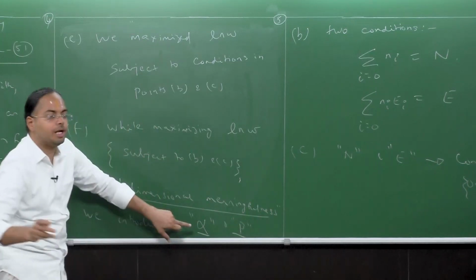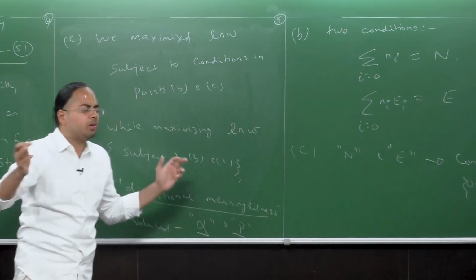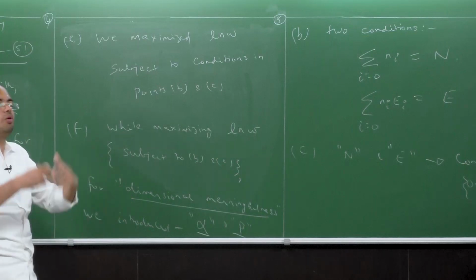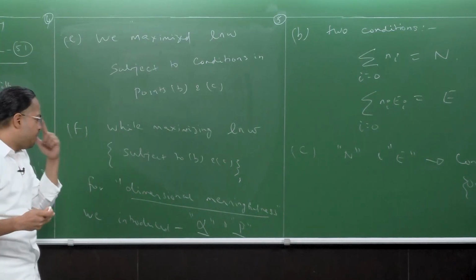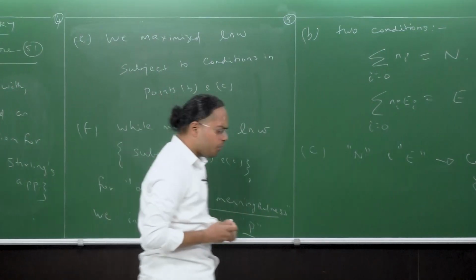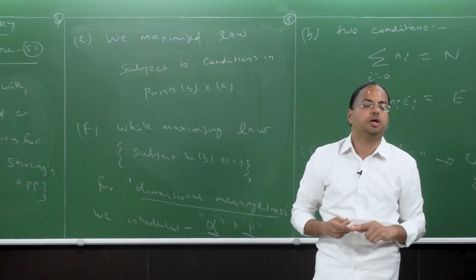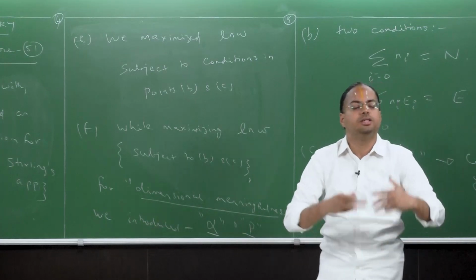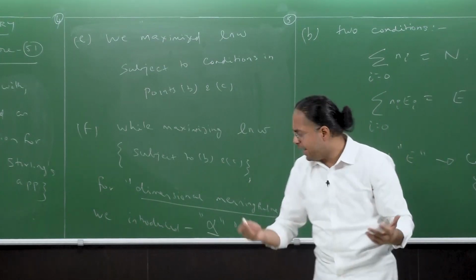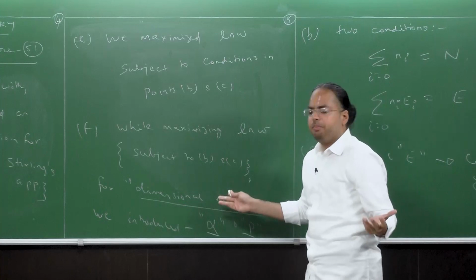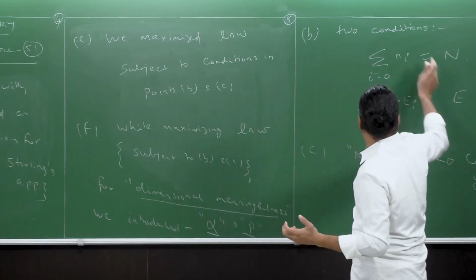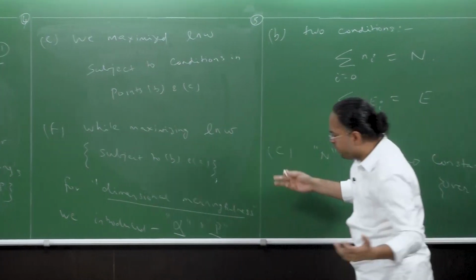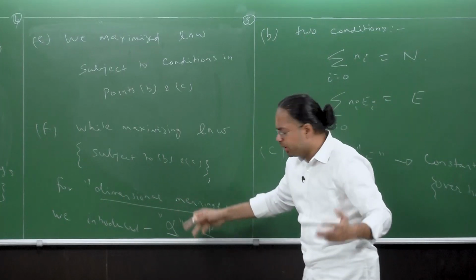This is the Greek letter alpha, this is the Greek letter beta. Now this is the physics or chemistry version of it, that is for dimensional meaningfulness. Mathematically, what we are doing is introducing what are called undetermined multipliers. Once again, don't worry about the exact technical jargon used. The idea is that the equation should be dimensionally meaningful subject to all these conditions. So therefore we are introducing two terms, alpha and beta.